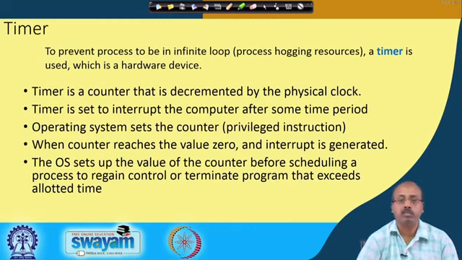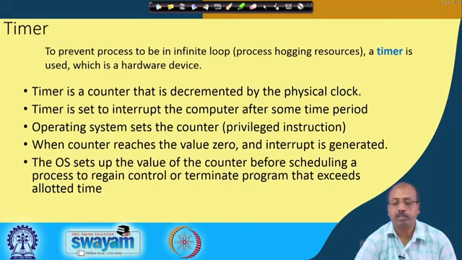Too much of system resources may be in terms of CPU time, or maybe in terms of some printer or some other system resource. How do you know that it is taking too much of time? For that purpose we can put a limit on the process's usage of that particular resource, or on a process going into an infinite loop.